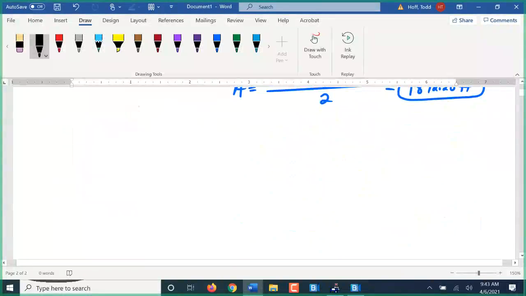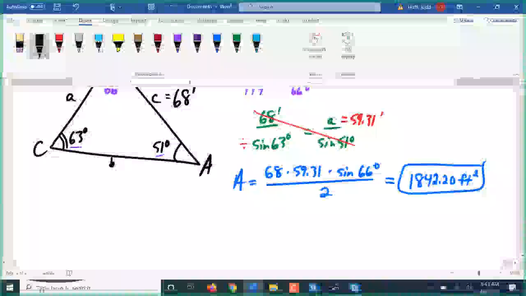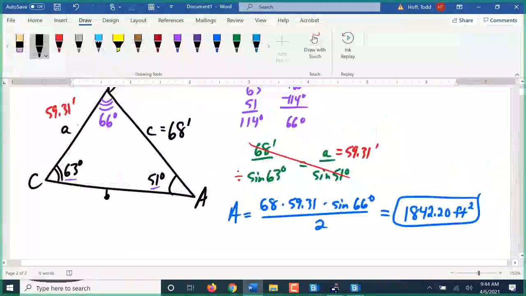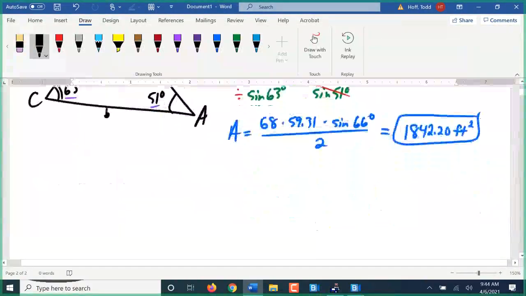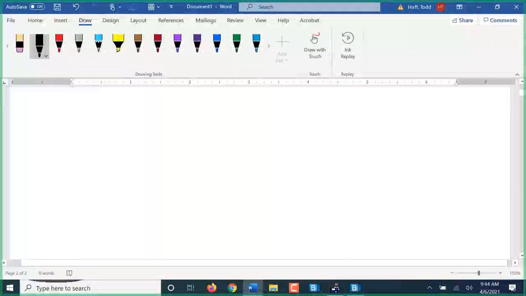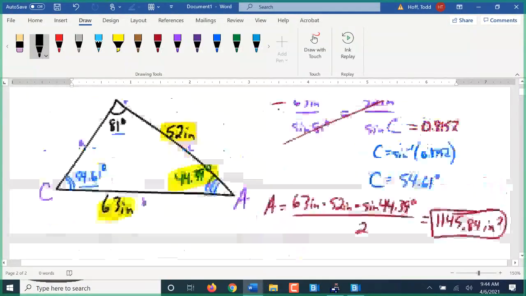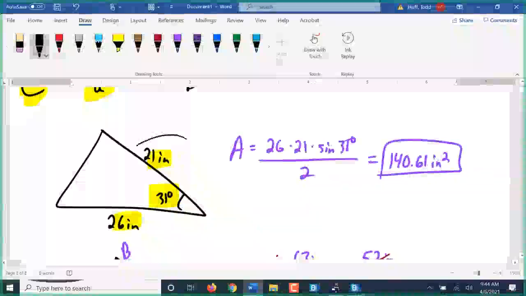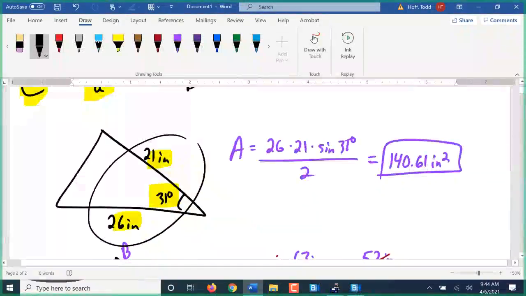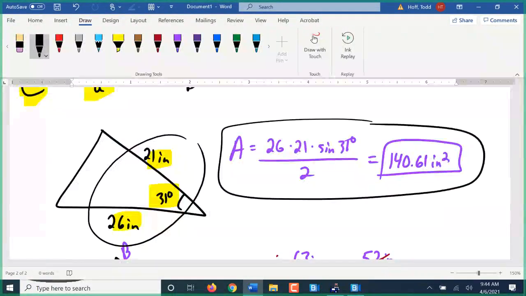So those are the situations we can run into with our triangles. Now, there is a fourth possibility. Like I said, the main possibility is having two sides and the angle between them. Very simple. That would normally be a law of cosines application, but here we need to apply our trig area formula.